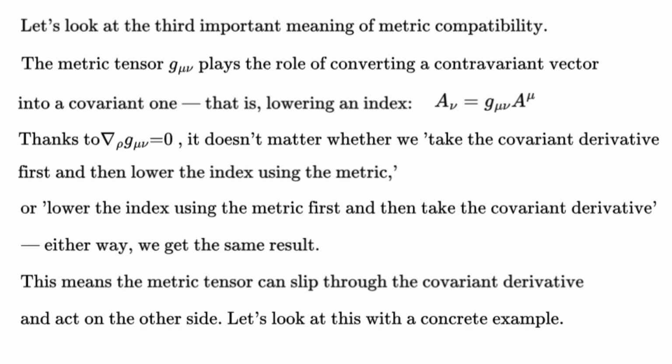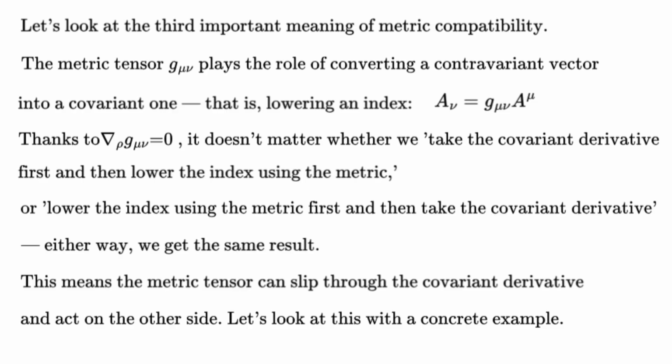Let's look at the third important meaning of metric compatibility. The metric tensor, g mu nu, plays the role of converting a contravariant vector into a covariant one. That is lowering an index. A nu equals g mu nu A mu.